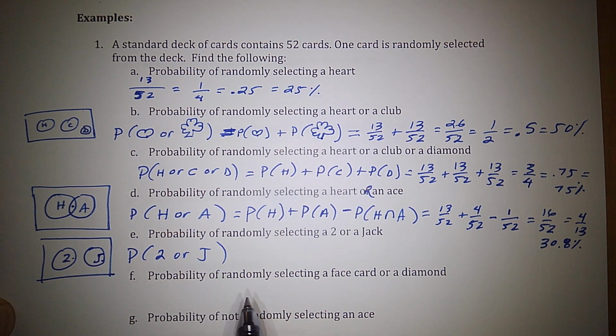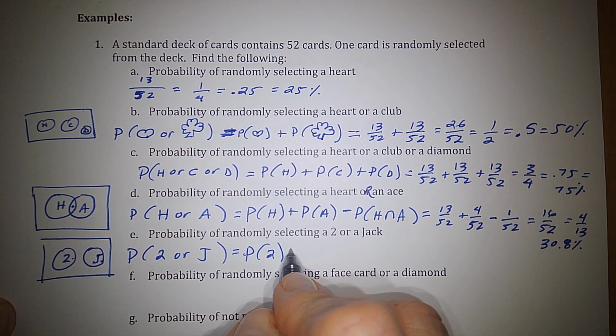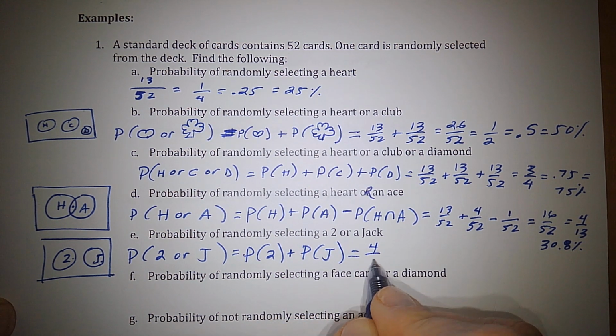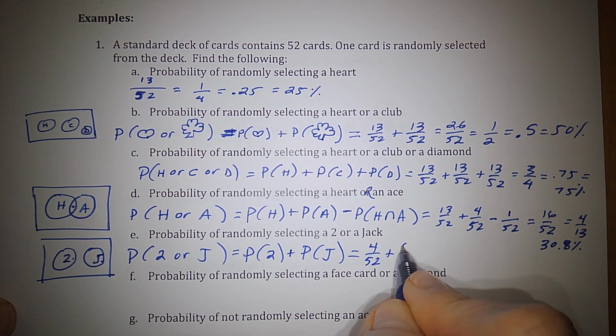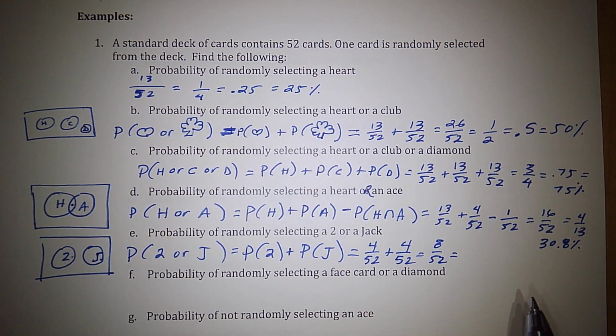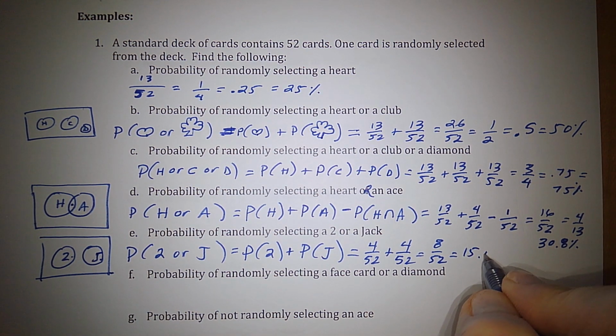They're separate numbers. So therefore, these are mutually exclusive events. So I have to just add the probability of getting a 2 plus the probability of getting a jack. There are 4 2s in the deck plus 4 jacks in the deck. So this is going to be a total of 8 out of 52. 8 out of 52, when it's reduced, is 15.4%.